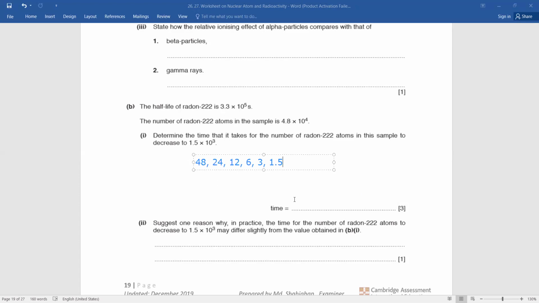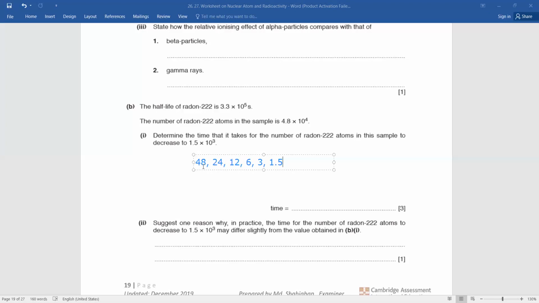What is the answer? 5 into 3.3 into 10 to the power 5. 1.65 into 10 to the power 6. Okay, after finding the half-life, what do I do? 32 has come, then 32 means it is 2 to the power what, you find that. If 48 divided by 1.5 gives 32, what next? Find 2 to the power what gives 32.